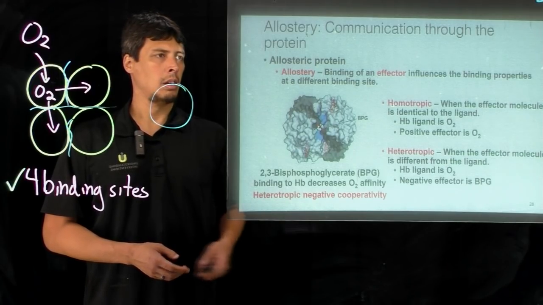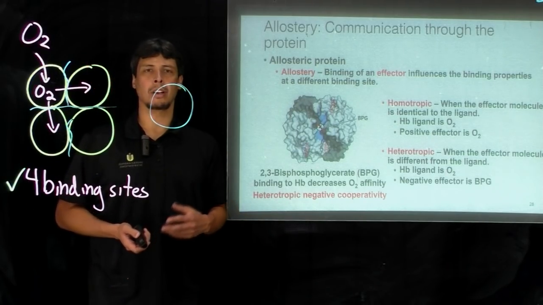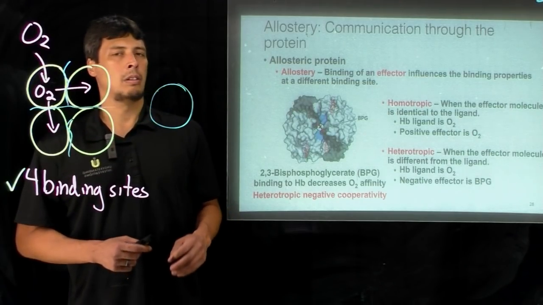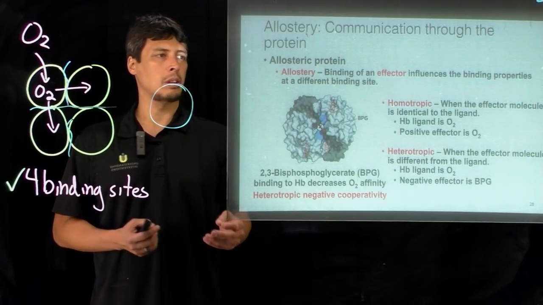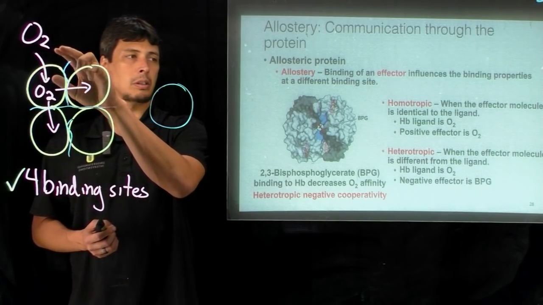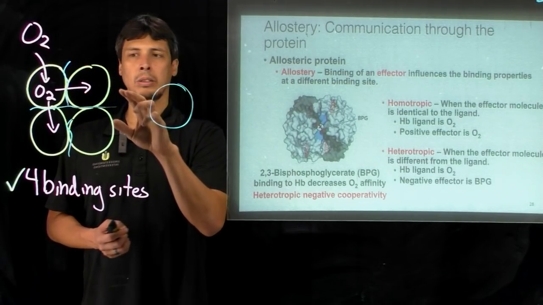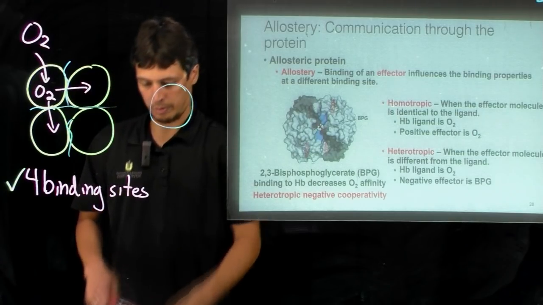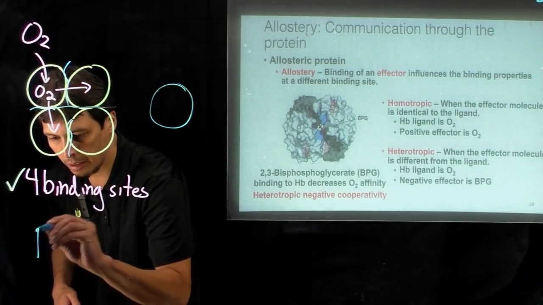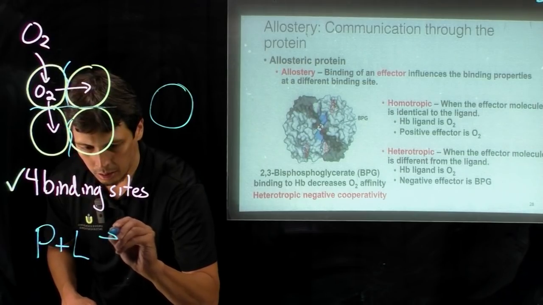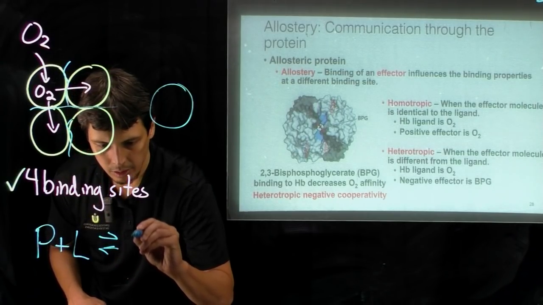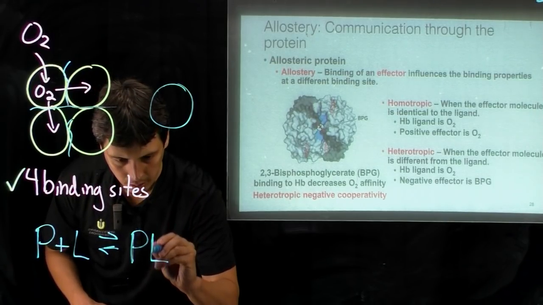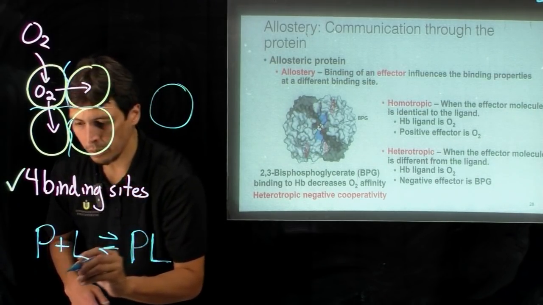Okay. Now, we can also define an effector as a homotropic effector or a heterotropic effector. A homotropic effector is when the effector molecule, again for hemoglobin, O2, is identical to the ligand. So in this case, the ligand, remember, we're defining by the equation of P plus L equals PL. So in this case, the native ligand for hemoglobin is O2.